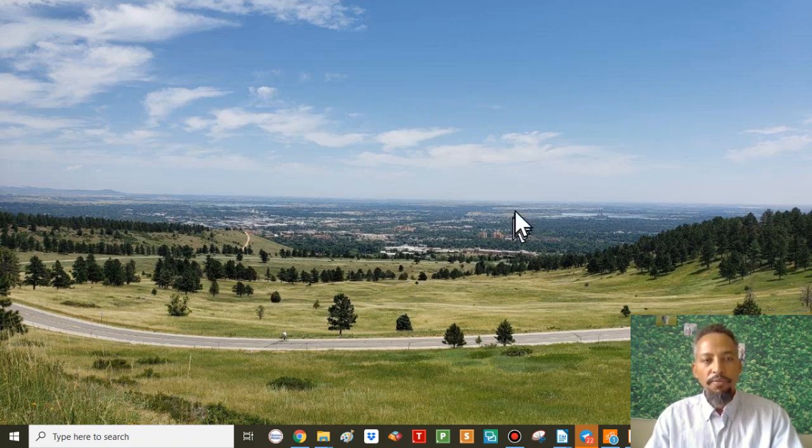But just before that, a little bit about this background you see here. It is my own picture taken by my LG phone, and it is from Boulder, Colorado, right from the mountain looking down to the city of Boulder.